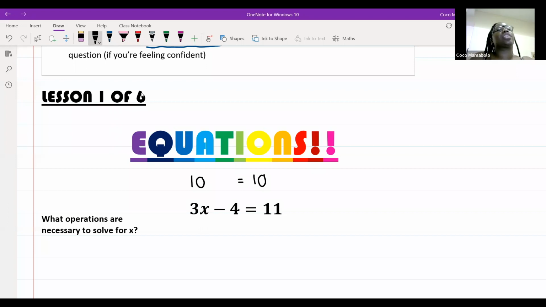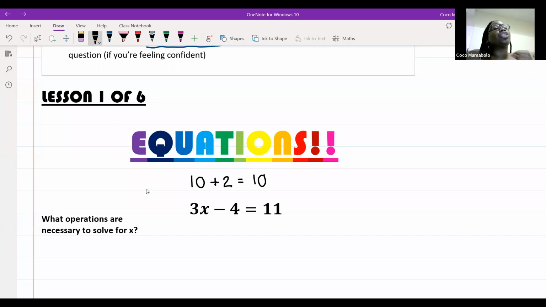But the second I start unbalancing things, once I start doing this, 10 plus 2, is 10 plus 2 equal to 10? No, absolutely not. So if I want my left-hand side to be exactly equal to my right-hand side, I need to make sure that I'm doing the same thing on the left that I am on the right.